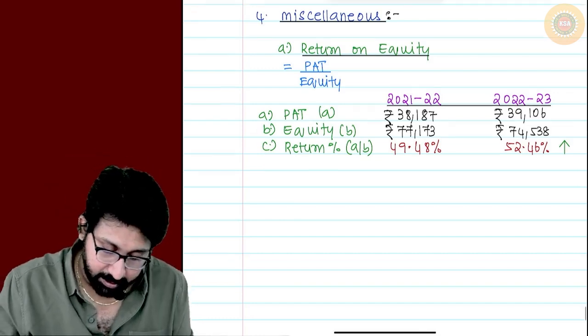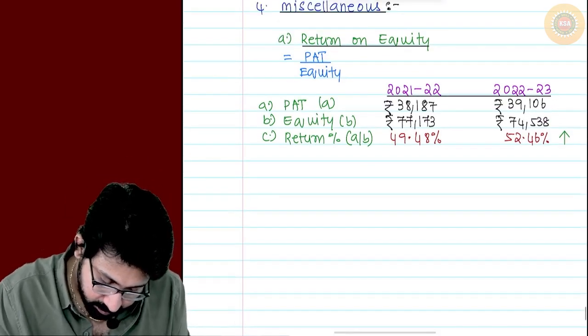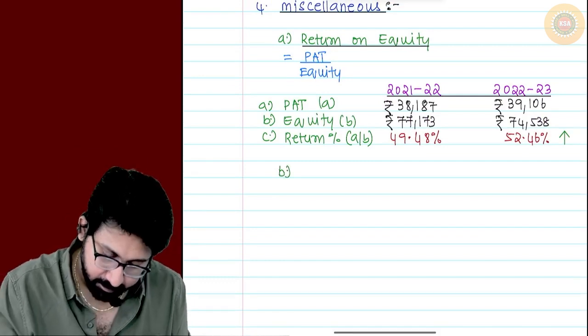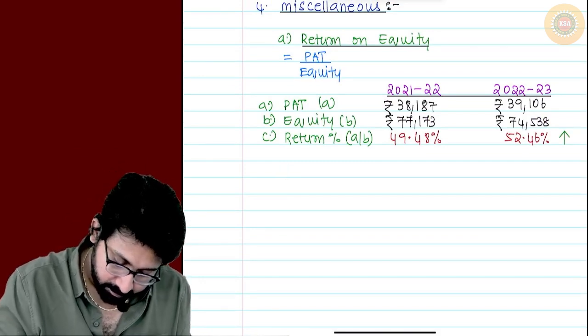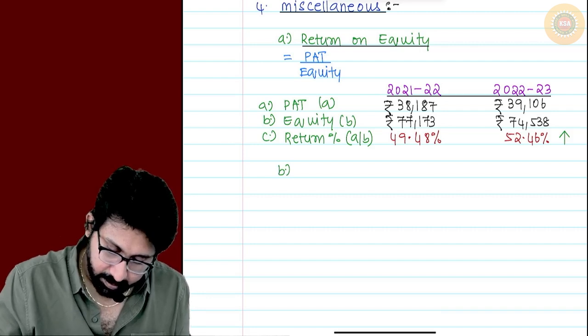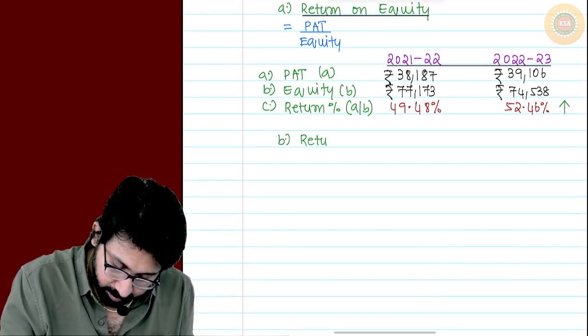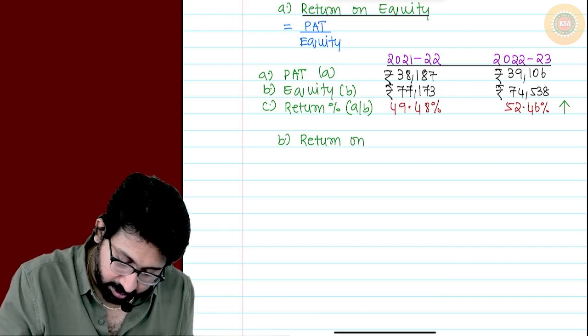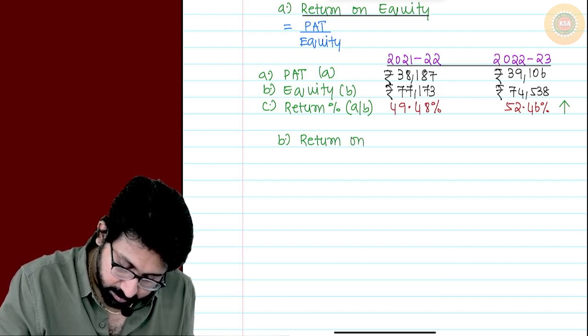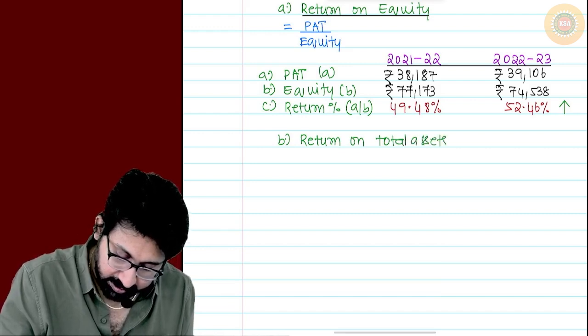Next, B. What is the second one I said? Return on assets. Return on assets or total assets, anything.